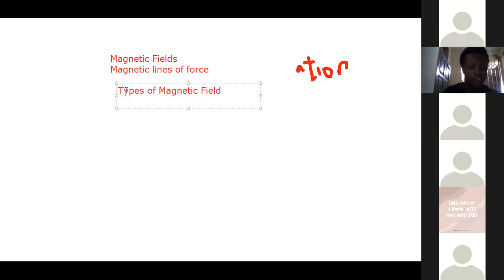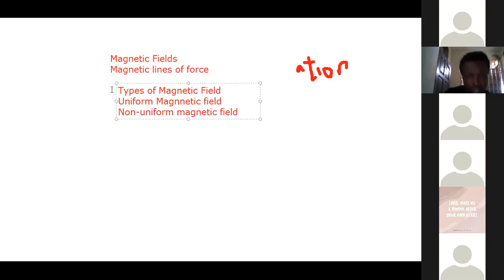The first one is the uniform magnetic field, and you have the non-uniform magnetic field.